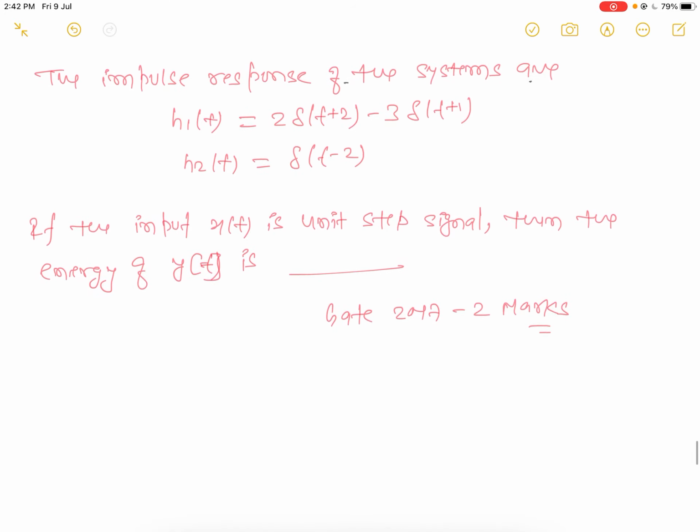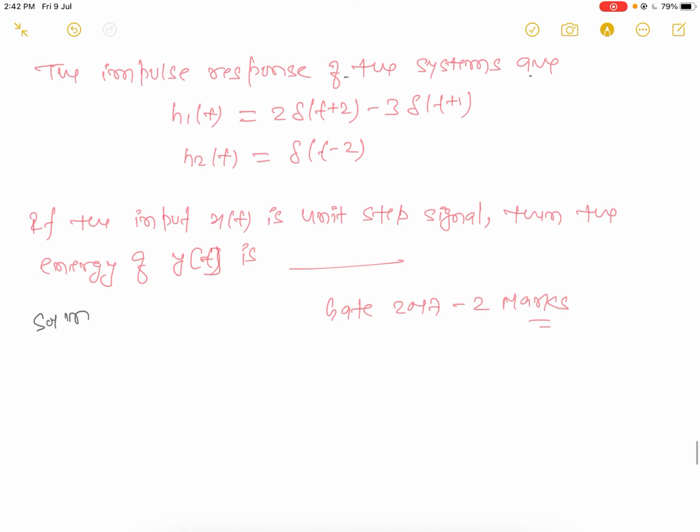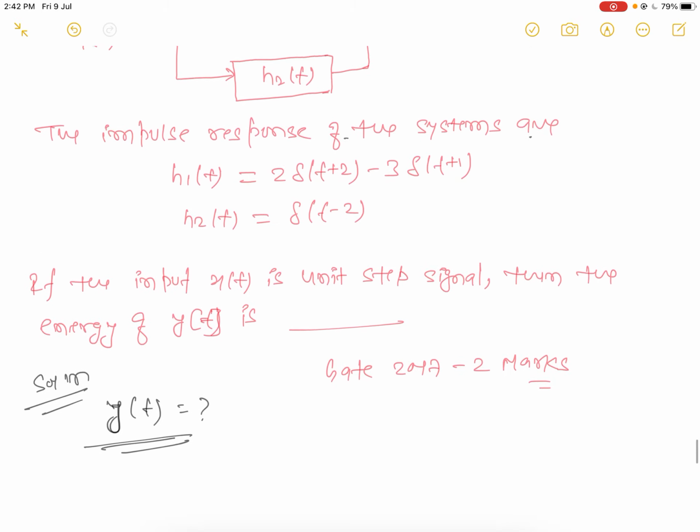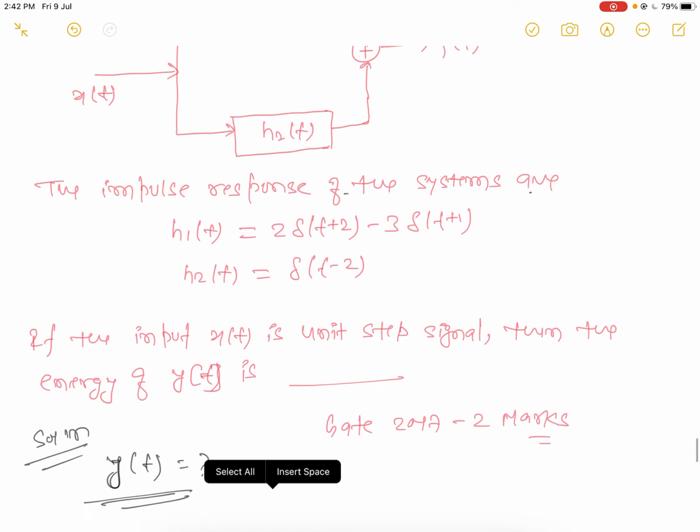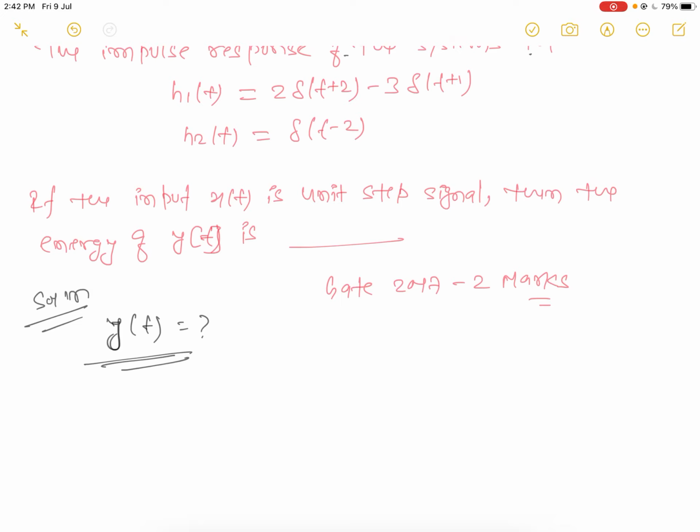first of all we have to find y(t), and after that we will take the energy. It will be difficult to find separately, so first add the systems.